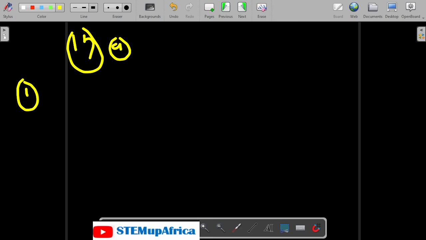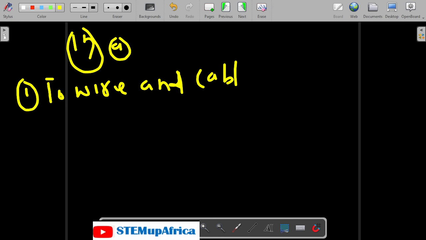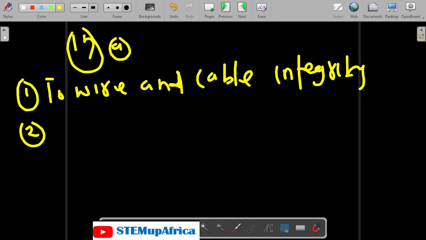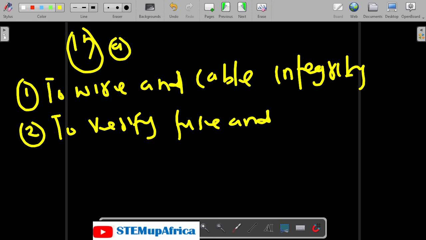1, to check wire and cable integrity, whether they are still okay or not. 2, to verify fuse and circuit breaker.